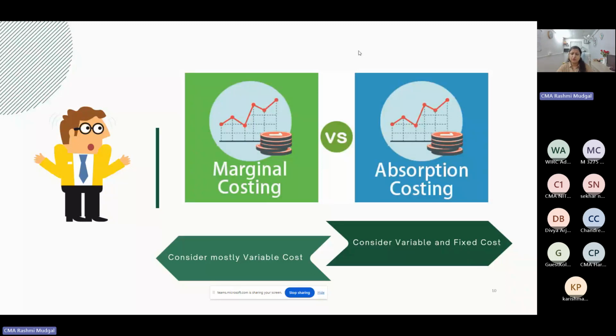But if I increase my output significantly, I need to make some fixed deposit, or maybe some fixed cost increases by some percentage. And absorption costing considers variable as well as fixed costing. This is a major difference.